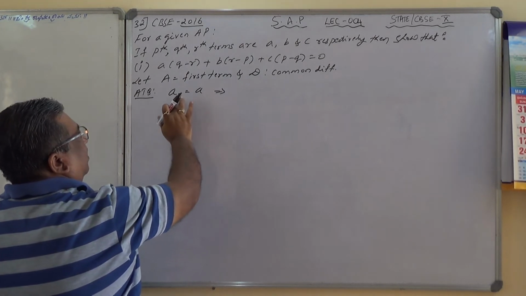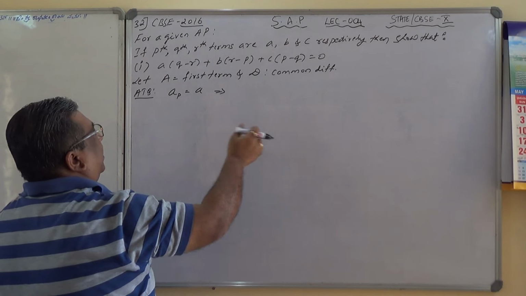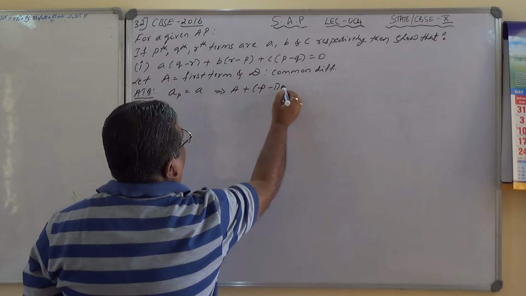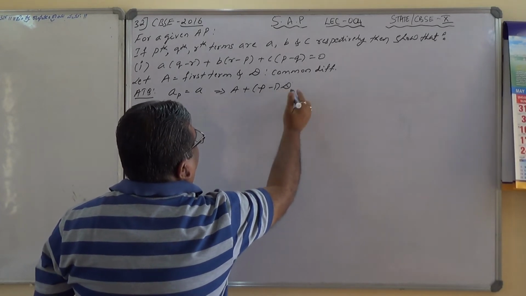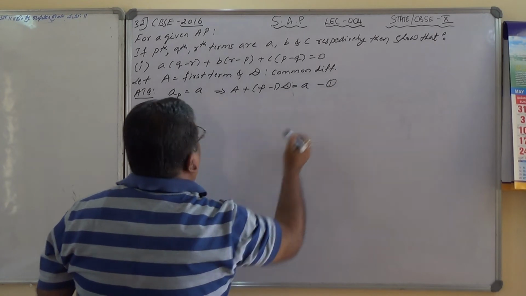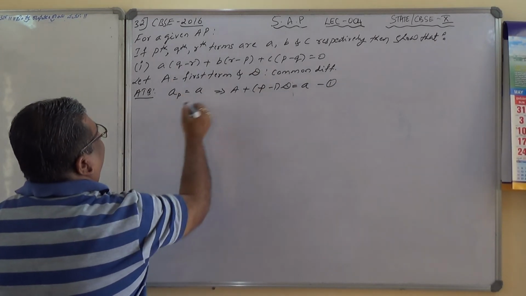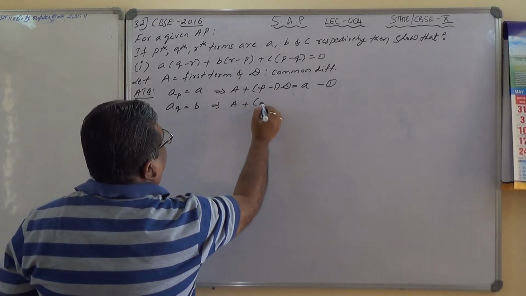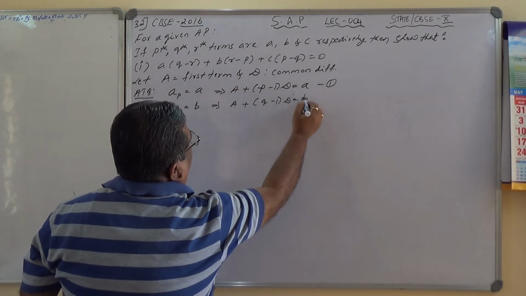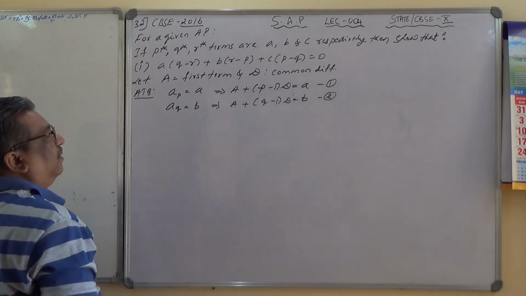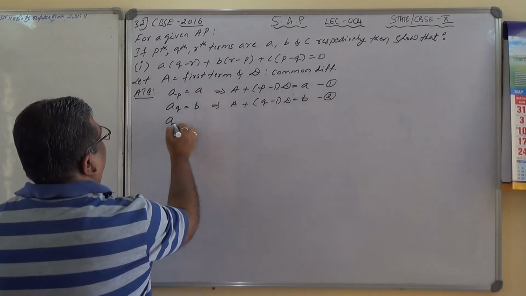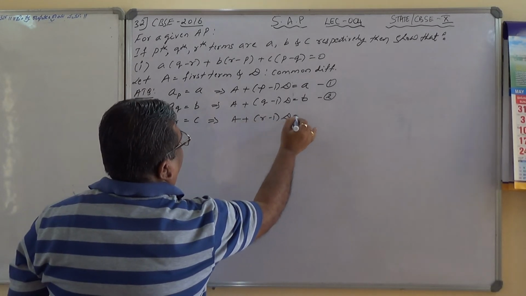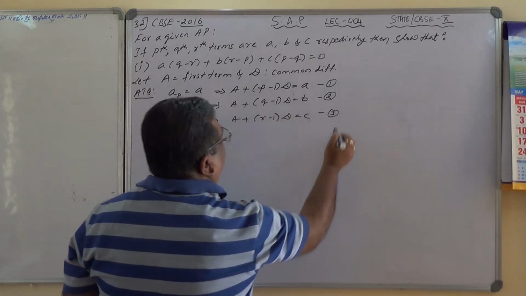What is A_p? The pth term, A plus (p minus 1) into D. Capital A I have to use, so A plus (small p minus 1) into capital D equals small a. Mark this 1. And also given, the qth term is b. A_q equals b, which implies A plus (q minus 1) D equals b. This is second one. Third one, the rth term, A_r equals c, which implies A plus (r minus 1) times D equals small c. This is third one.